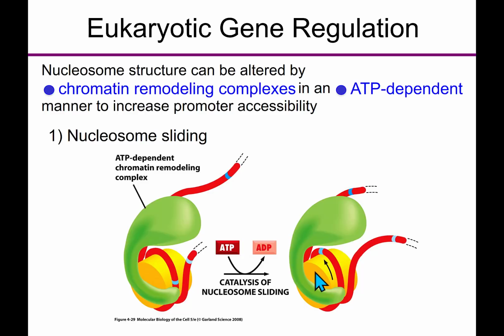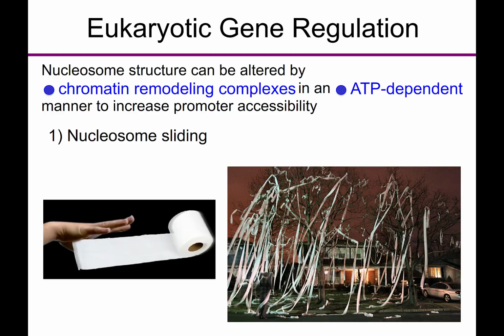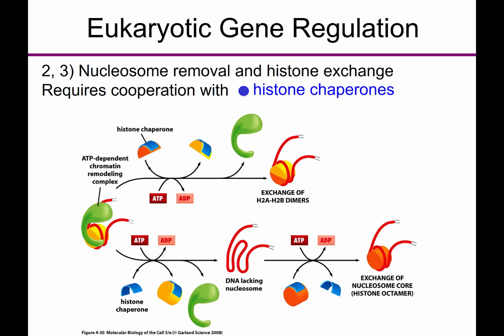The analogy that I often give, which you should definitely not do, is something like toilet papering a house. You have your DNA as the toilet paper, your core proteins as the roll, and you're kind of rolling it along a little bit.